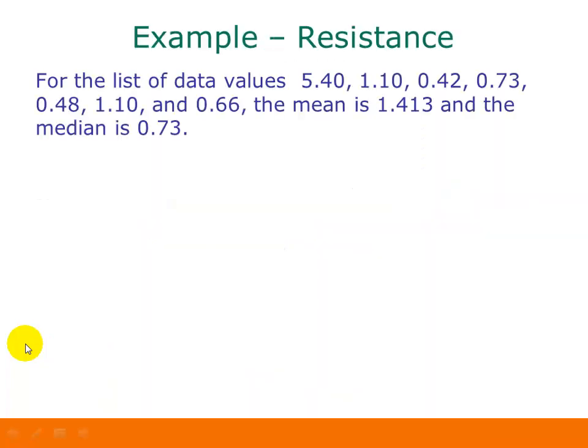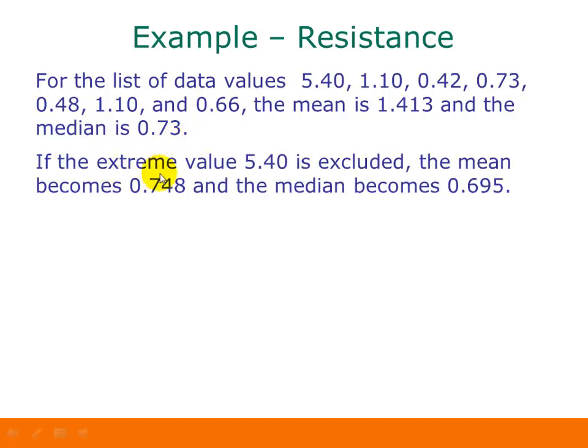So looking at the calculations that we did in the previous examples, we calculated the mean and the median for 2 different sets of data. This was the first one where we had an extreme value of 5.40, and we calculated our mean as being 1.413 and the median was 0.73.